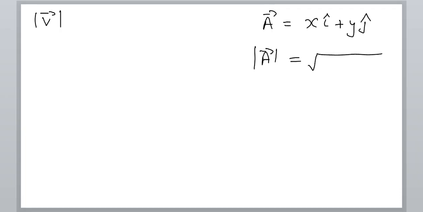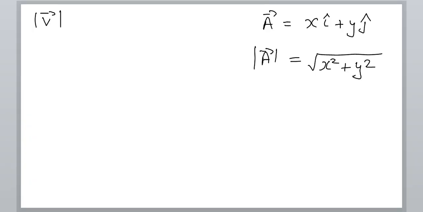We know that the modulus of any vector, suppose I have a vector a equal to x i cap plus y j cap, is given by the square root of x square plus y square.